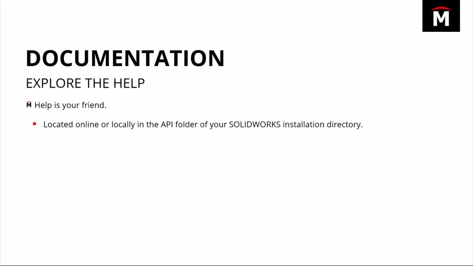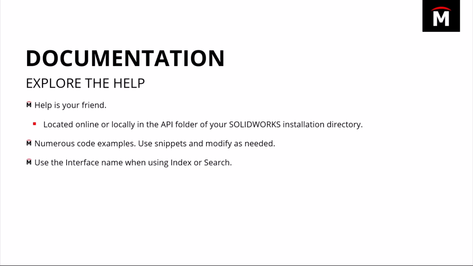I prefer the offline or the local version because I don't need an internet connection to get to it. It's also very fast. As I mentioned, there are numerous code examples. So it's a great way to, a lot of times there's a similar example code within the help that you can copy and maybe modify or manipulate as needed for your own project.